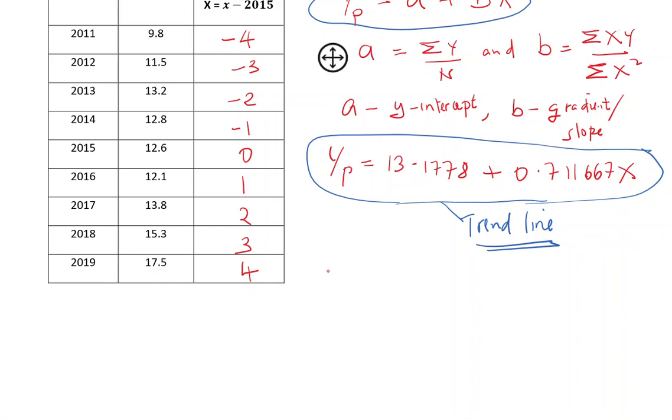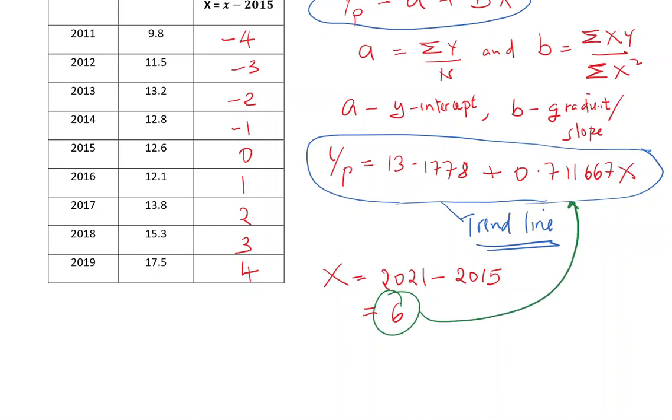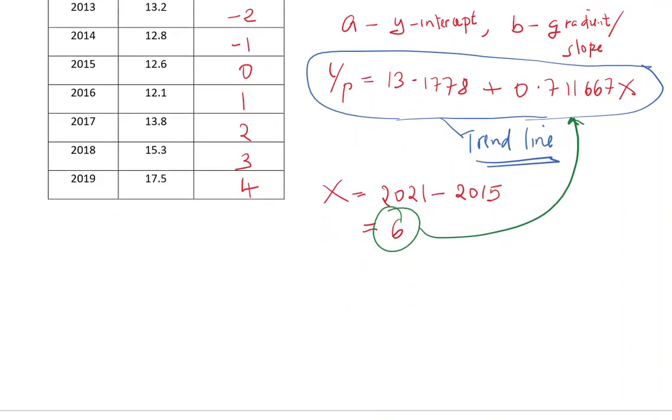So x equals 2021 subtract 2015. This gives us 6 years. So we plug in this information here, we plug in this part for the value of x. So what do we get there?